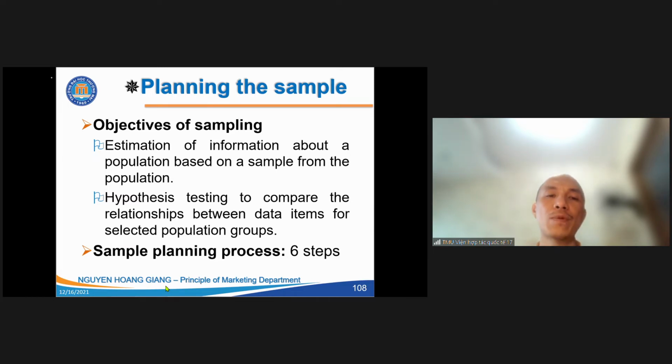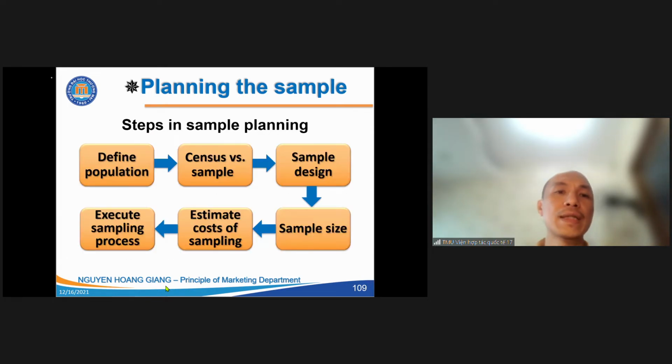So we don't have to do the research for the whole populations. So based on the sampling, we can test the hypothesis of the compared relationship between the data items and selected population group. So the sampling plan has the following 6 steps.